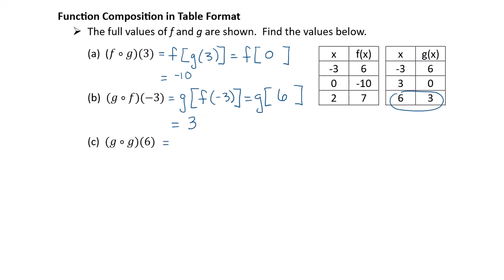Let's find g composed of g of 6. This is g of g of 6. So g of 6 is 3. G of 3 is 0.